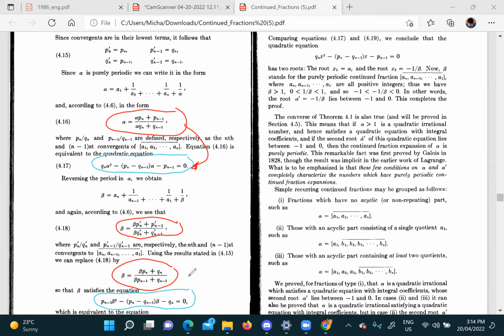Okay, so alpha equals alpha. So Pn minus 1 is this formula, the formula from earlier.